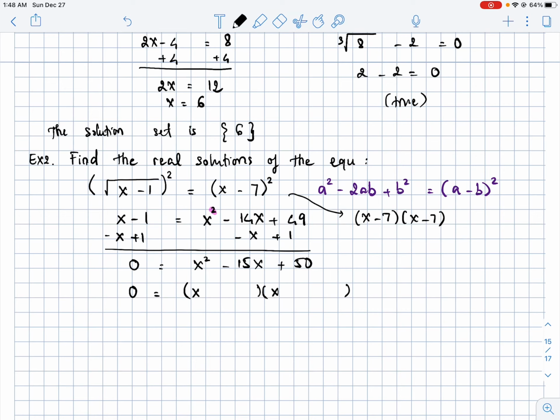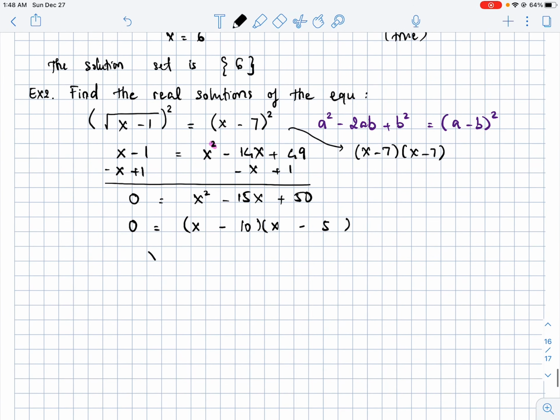Then for 50, we will try 10 and 5. To get positive 50, they should be both plus or both negative. We are going to use negative because we get negative 15. Then x minus 10 equals 0 and x minus 5 equals 0, so x equals 10 and x equals 5.